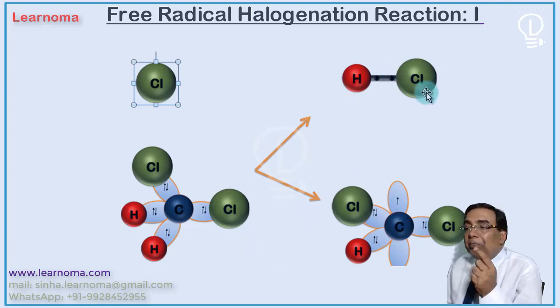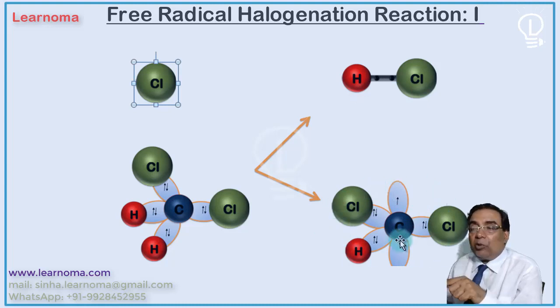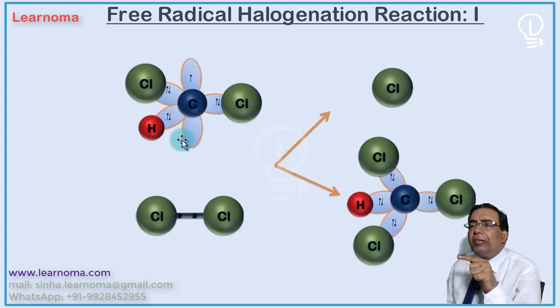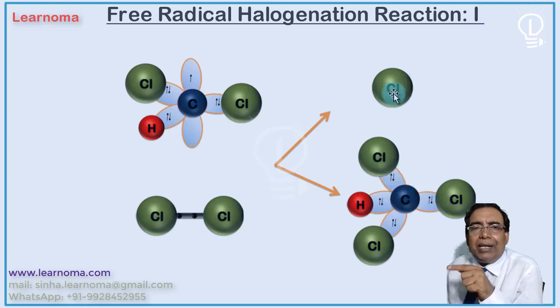HCl is formed and you are getting the CHCl2 radical. This radical in the same manner reacts with another chlorine molecule to form CHCl3 as well as it will produce Cl radical.